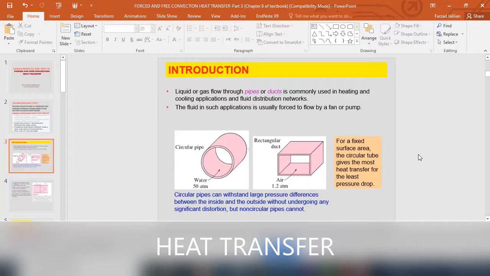Now we are going to see how we can increase the heat transfer, the convection heat transfer between the fluid inside that pipe or duct and finally their surroundings.